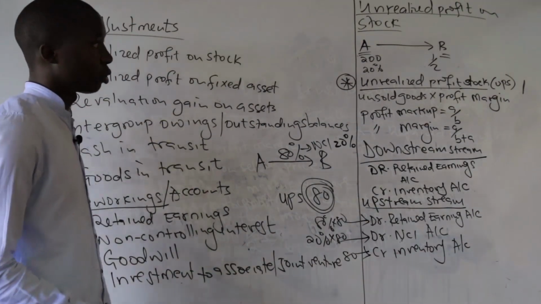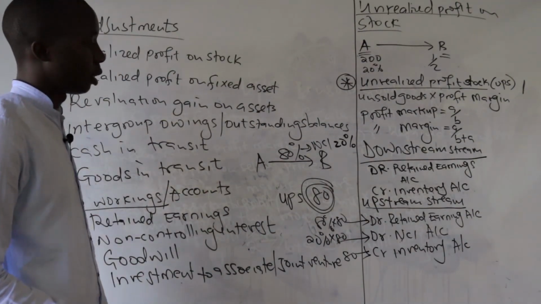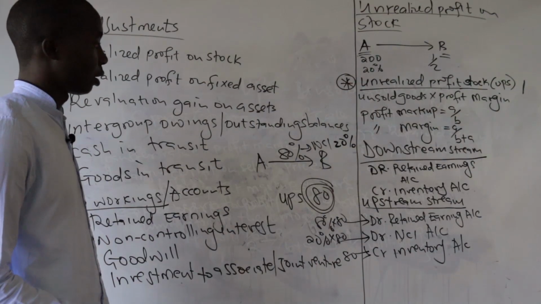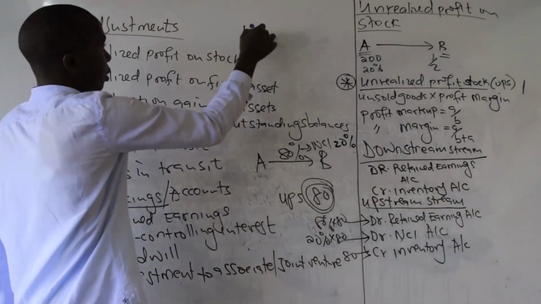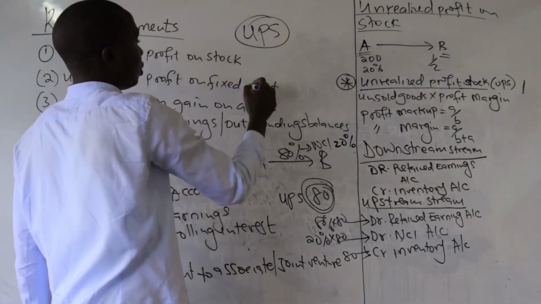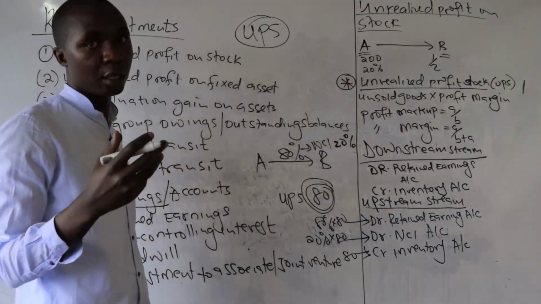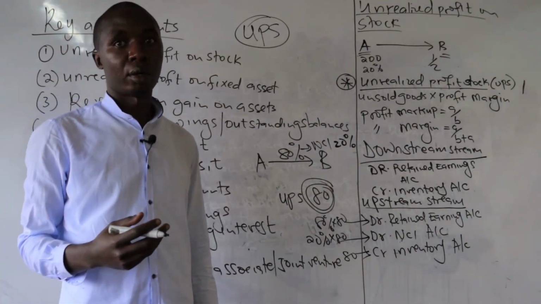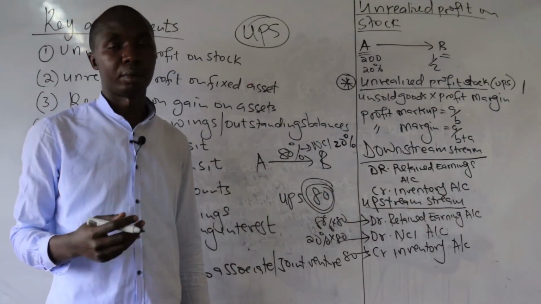So that is how you are supposed to deal with the aspect of the UPS. You have to determine if it's due to the upstream sale or the downstream sale.